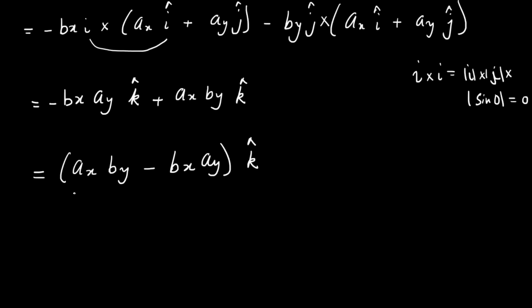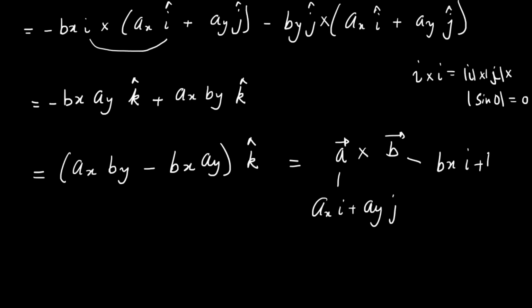So once again I repeat, this is A cross B, where A is AXi plus AYj and B is BXi plus BYj.